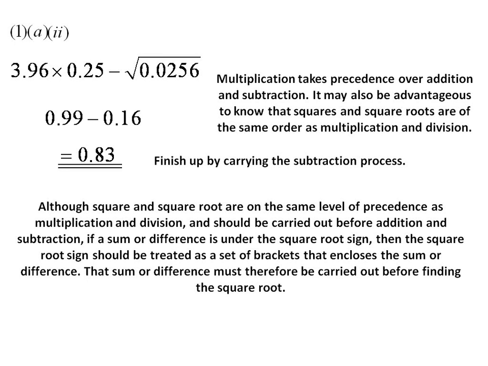That sum or difference must therefore be carried out before finding the square root. We do not have the situation that was just described. We do not have it right here. But in the event that we had a sum under the square root sign, before finding the square root, we would have to find the sum, treating the square root sign as a pair of brackets.